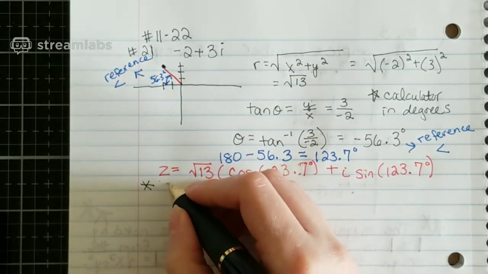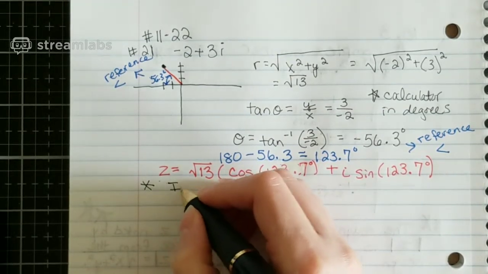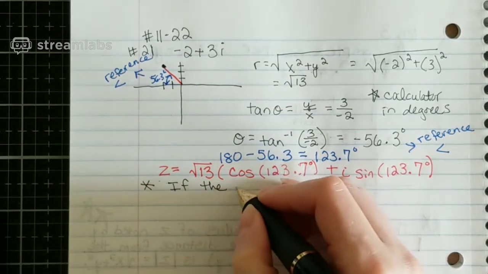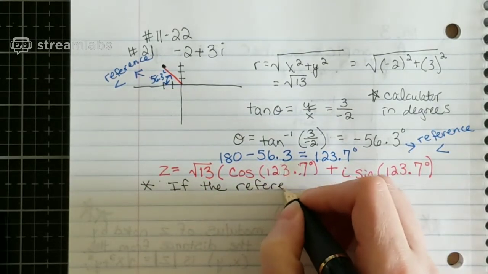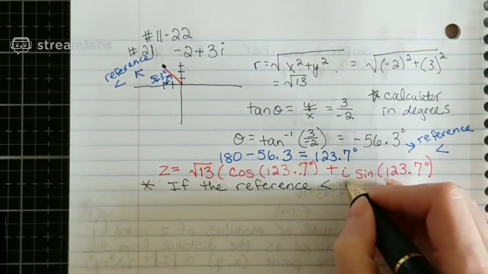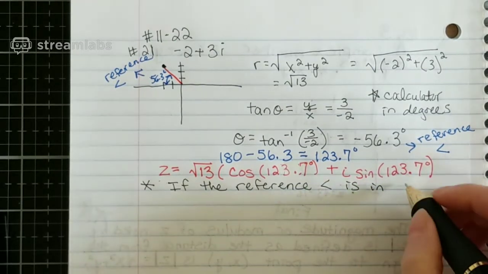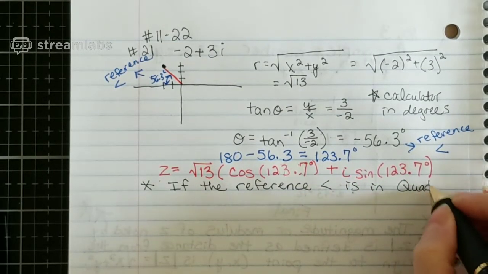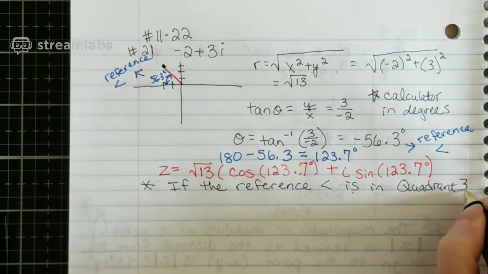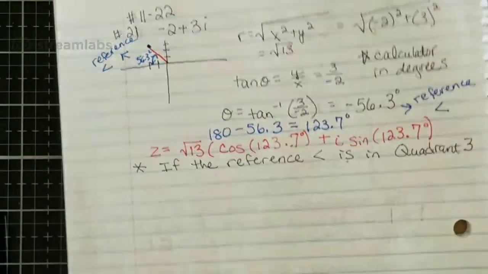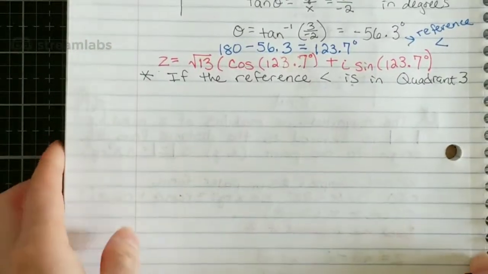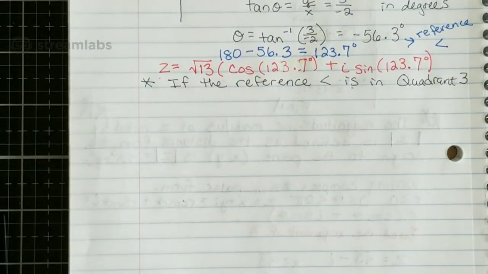If the reference angle is in quadrant 3, then you want to do 180 plus the number you got.